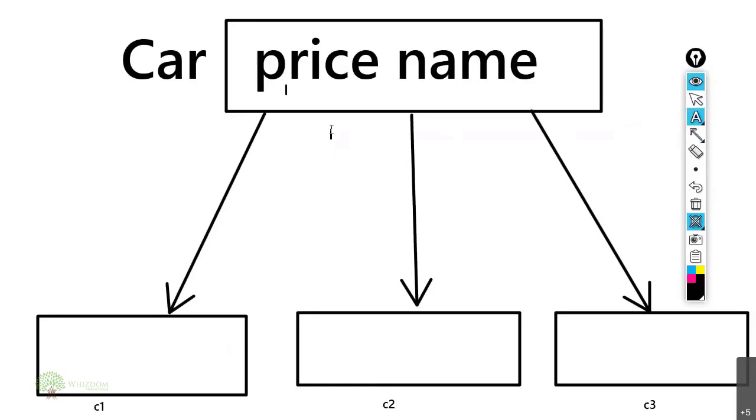Now what happens is that, consider this price is an integer and it blocks 2 bytes of memory, and this blocks 8 bytes of memory. Now, whenever we create an object, 8 plus 2, 10 bytes, right? And 8 plus 2, 10 bytes here as well, right?